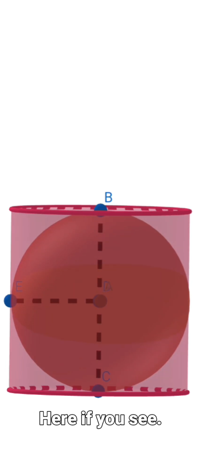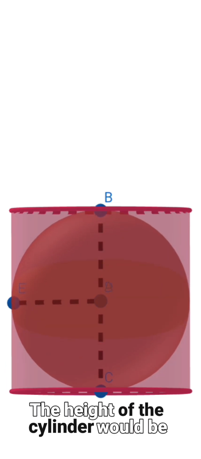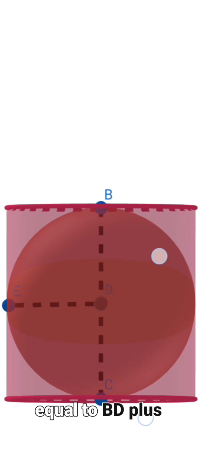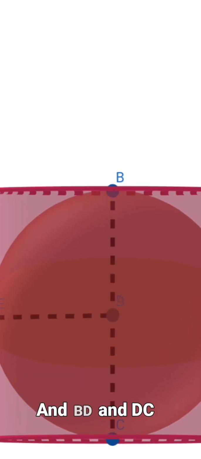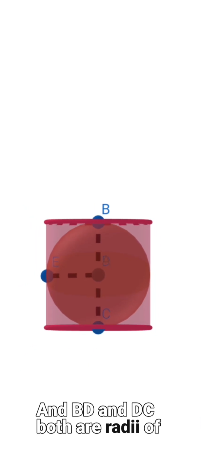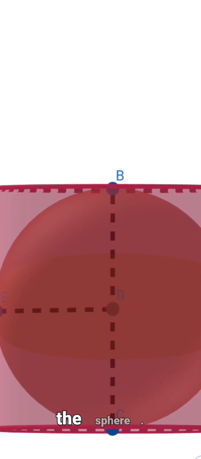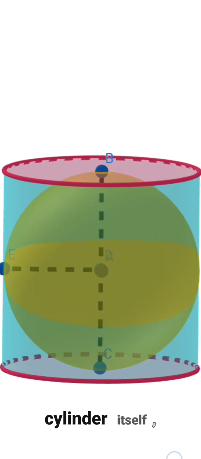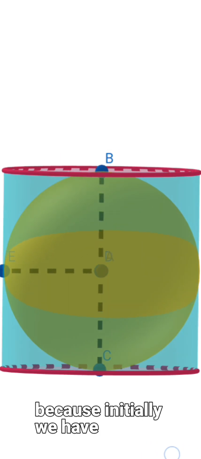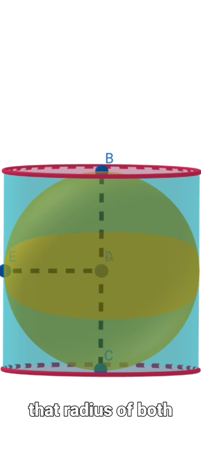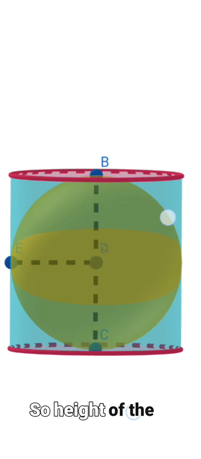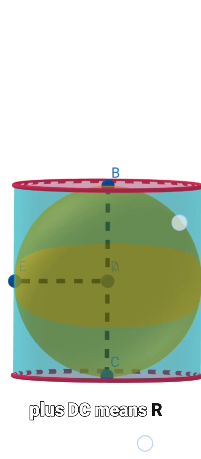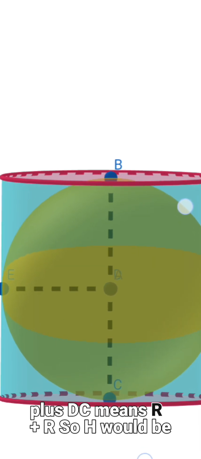Here if you see, the height of the cylinder would be equal to BD plus DC. And BD and DC both are radii of the sphere, or we can say radii of the cylinder itself, because initially we have considered that the radius of both is the same. So the height of the cylinder would be BD plus DC, meaning r plus r.